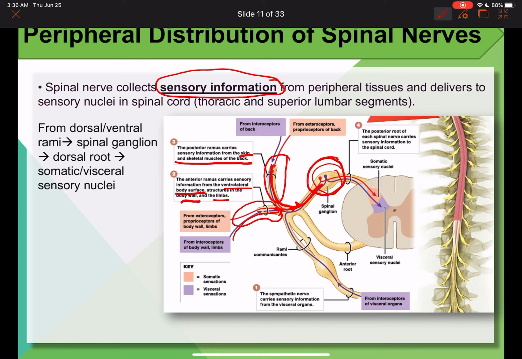Then they will relay that information towards the posterior roots of the spinal cord. Okay, and then from there, they will then move on to the posterior horn of the gray matter of the spinal cord, which is then subdivided into either your somatic sensory nuclei or visceral sensory nuclei. Okay, so let me go through that one more time.